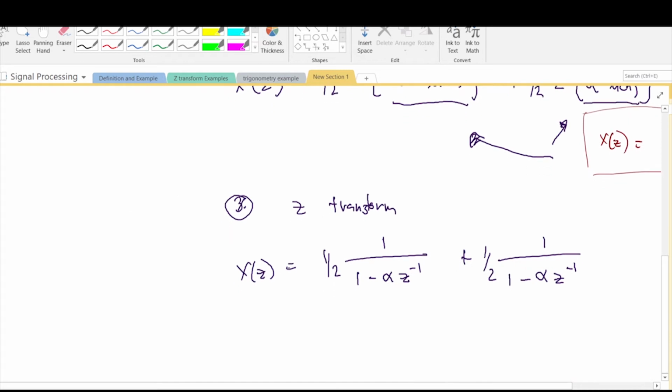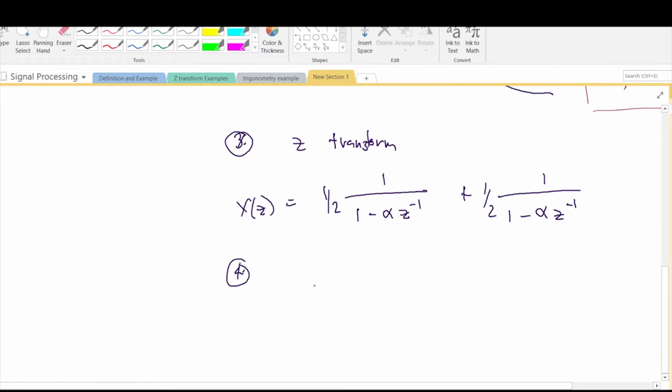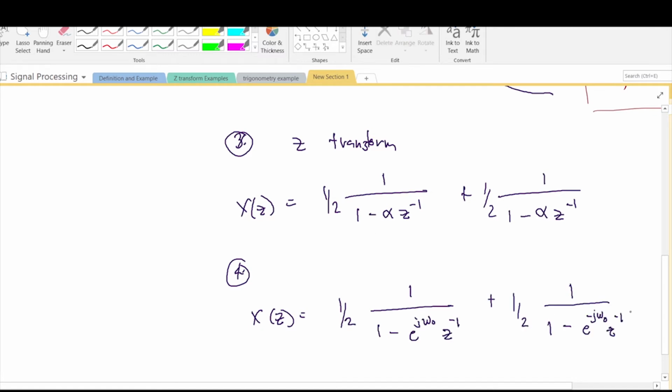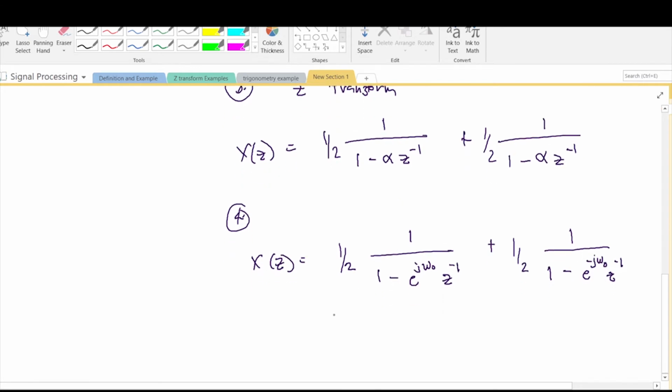Before we go to step 4, we're going to go back to our original function, which would now be X of z equals, okay, that's our Z transform. Now what we're going to do next is some algebraic manipulation so that we can further simplify this.